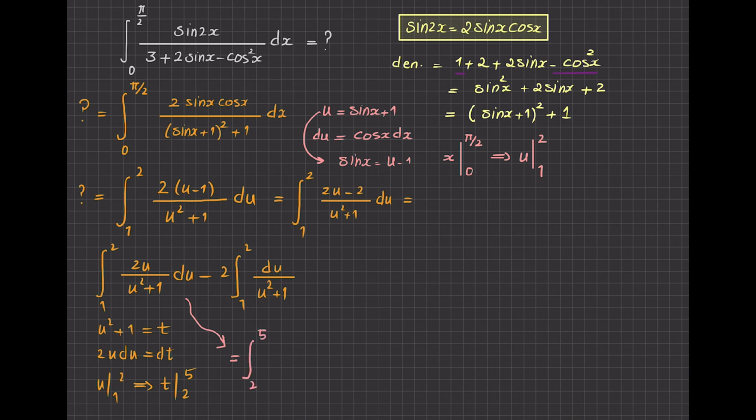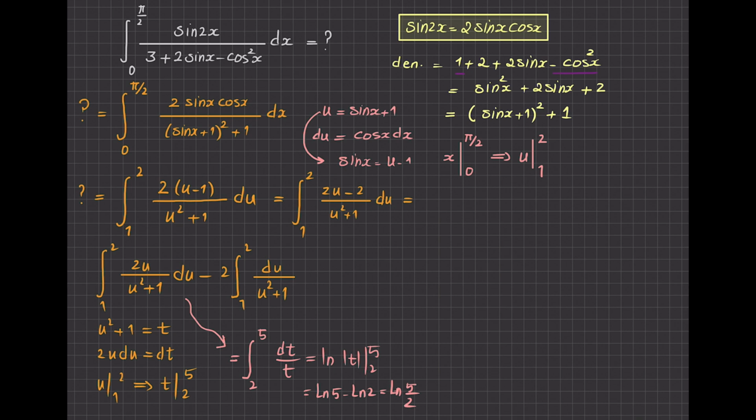In the numerator, 2u du is just dt, and in the denominator, I have t. So this becomes ln of absolute value of t from 2 to 5. So this becomes ln of 5 minus ln of 2, which can be written as ln of 5 over 2. So that is the answer to the first part.